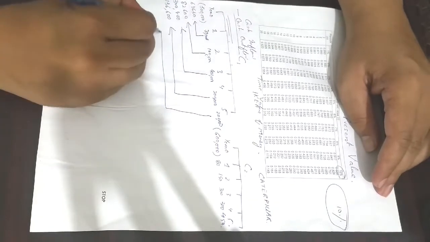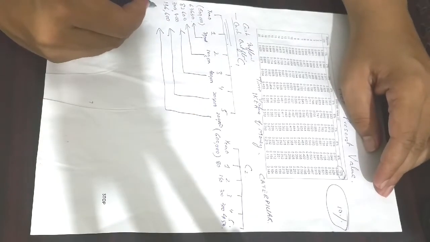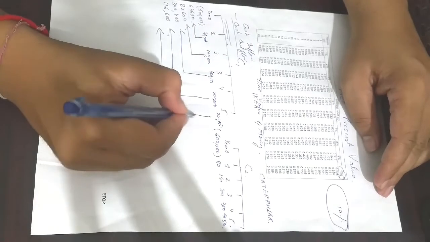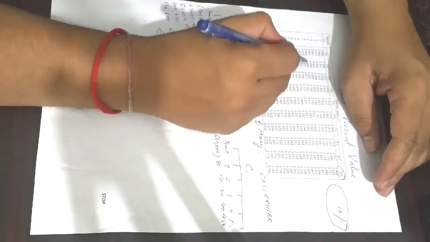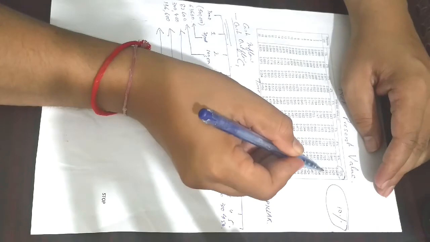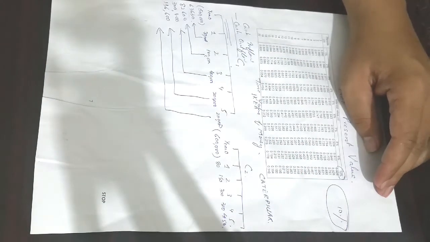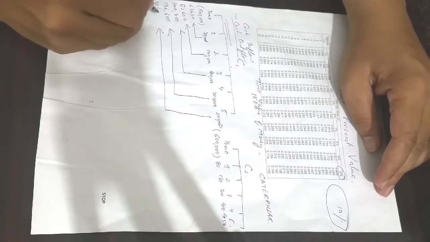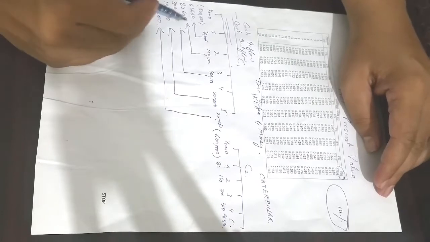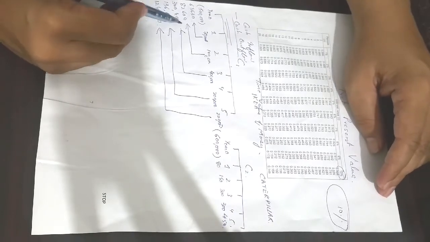So 200,000 in year 4 has a value of 136,600 today, and for 200,000 in year 5, the factor is 0.621. You will multiply 0.621 with the amount of 200,000, and now the present value will be 124,200. So these are the discounted cash flows.